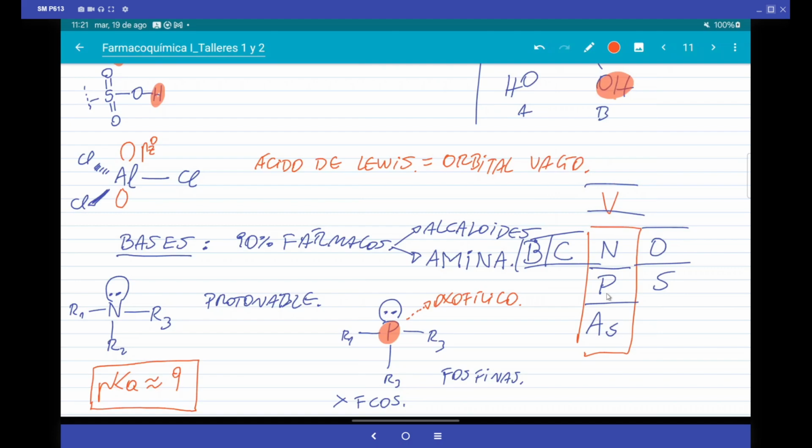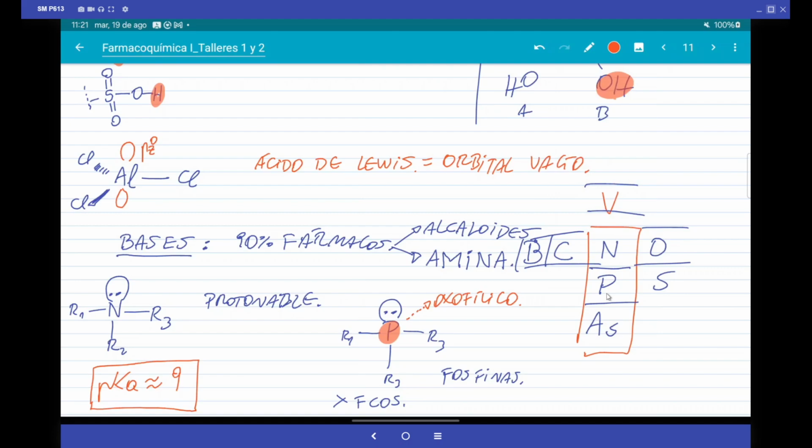So phosphorus will rarely be in the structure of a drug, except in particular situations, for example drugs of topical use. There are certain organophosphorus compounds for the treatment of glaucoma, but they are applied in the eye, because a systemic effect, or the damage, would be serious, so be careful with that.